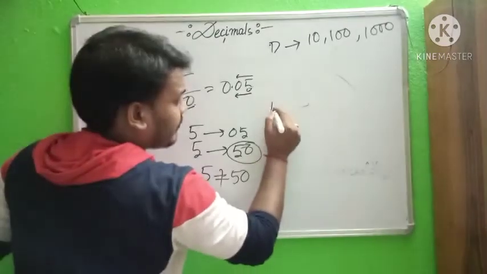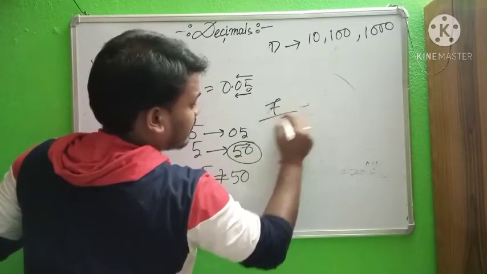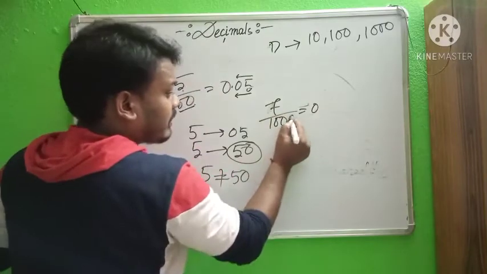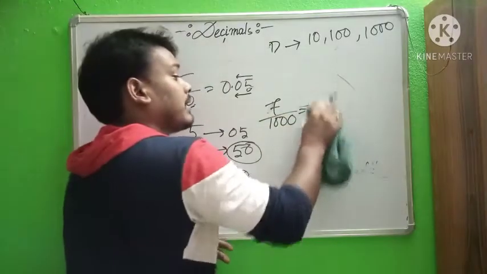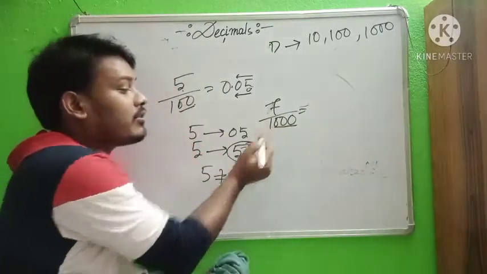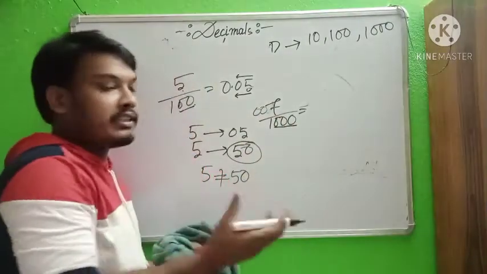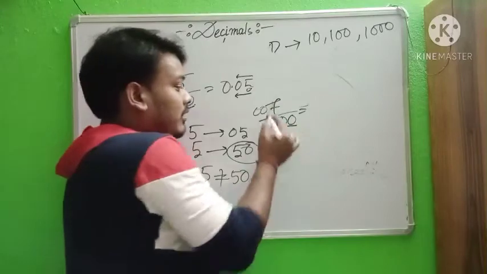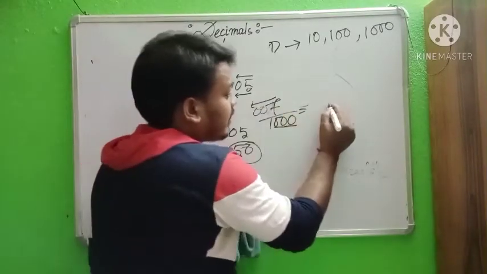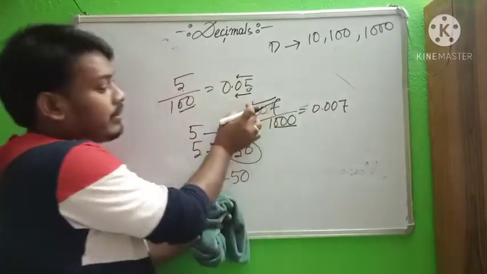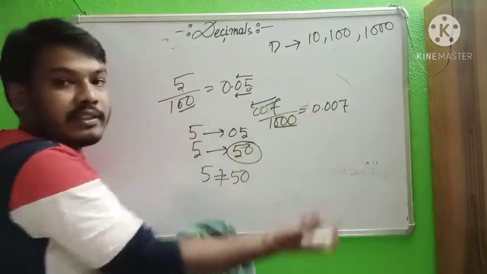Similarly, if the question is 7 by 1000, then in the denominator how many zeros? Three zeros. So 007, and 007 and 7 are equal. So before three digits you put the decimal, 0.007. If there is no value, then first put 0.